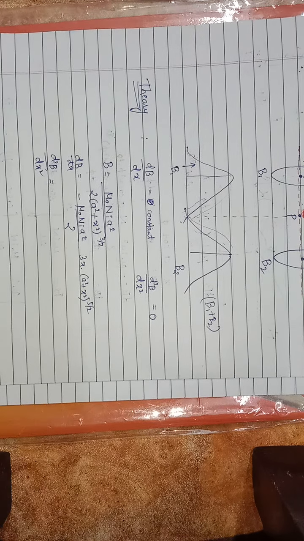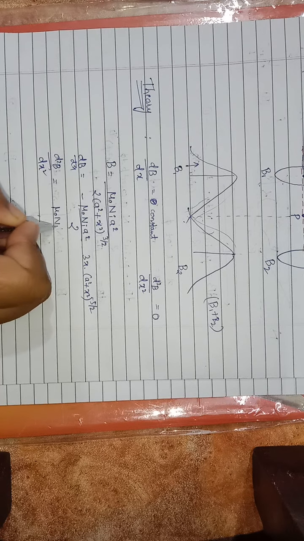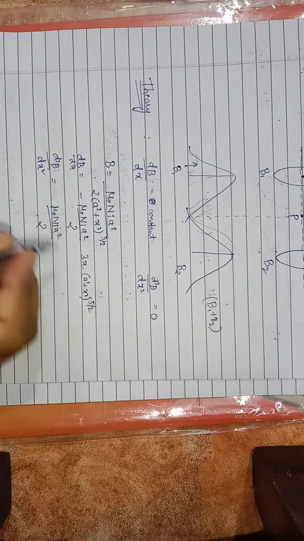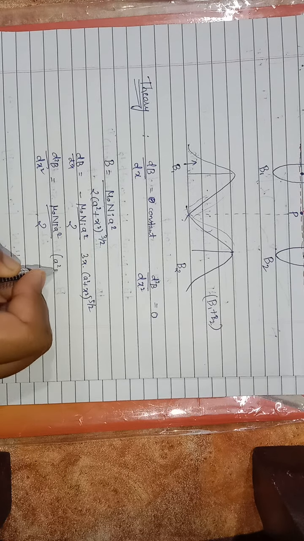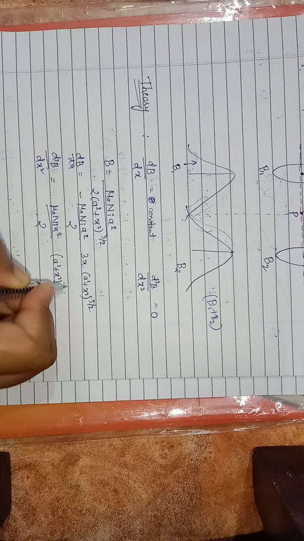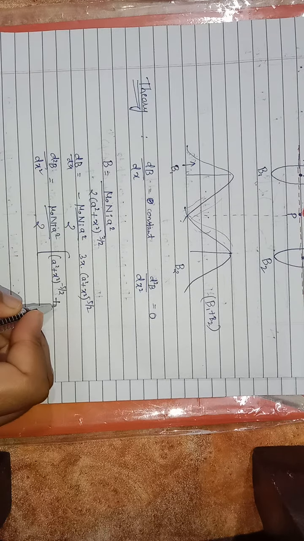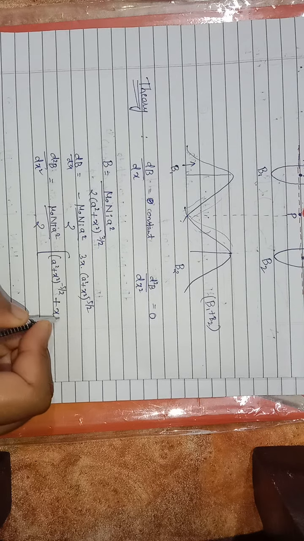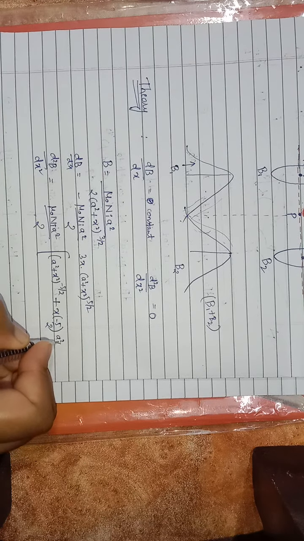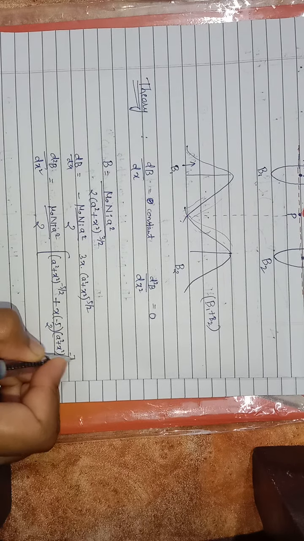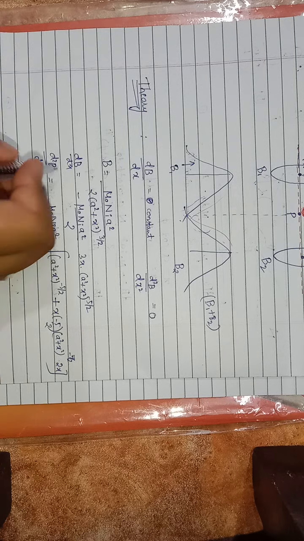Again differentiate one more time. So what will we get? Mu naught n I a square as it is, 2, and (a square plus x square) raised to minus 5 by 2, plus, by the product rule, x times minus 5 by 2, (a square plus x square) raised to minus 7 by 2, into 2x. You can differentiate, no problem.